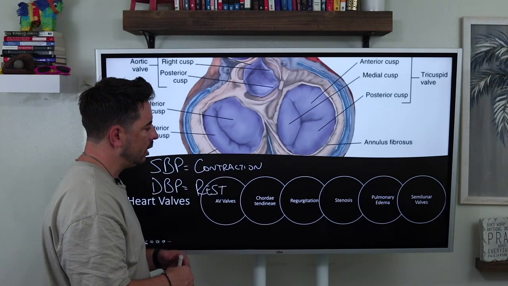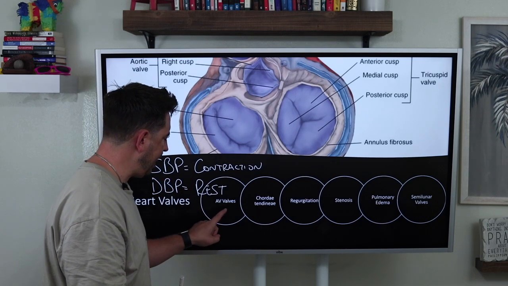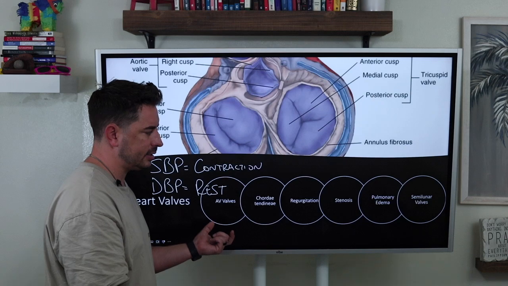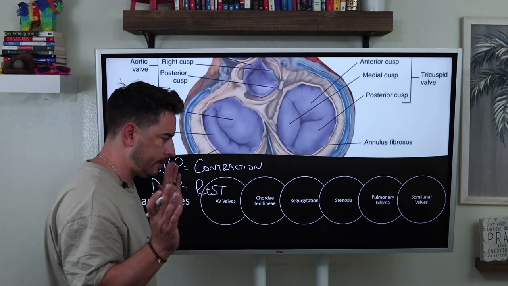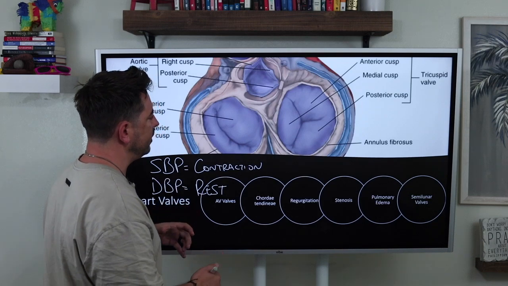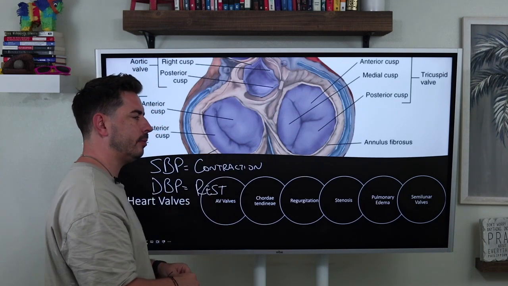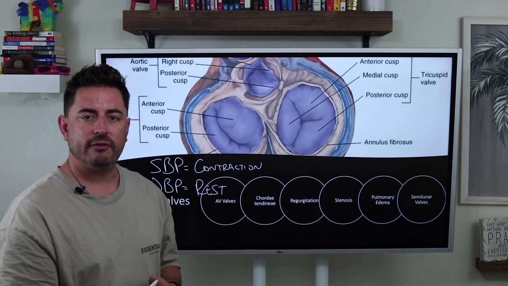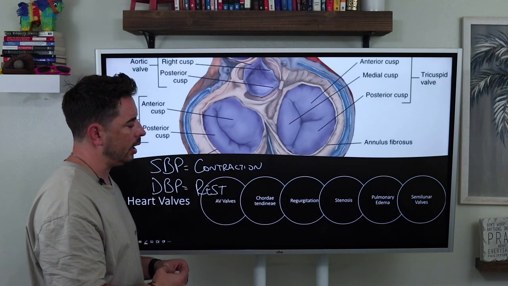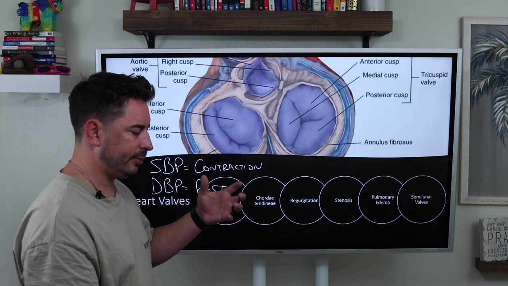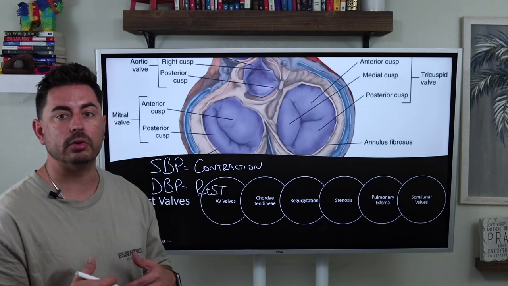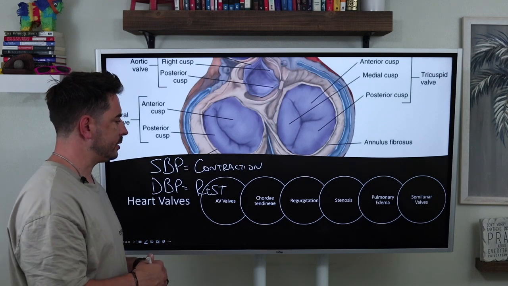During rest, or during diastole, the AV valves open up and allow blood flow from the atria into the ventricles. During contraction, the blood that's filled up the ventricles goes out either the pulmonic valve or the aortic valve into the pulmonary artery or the aorta to their respective places, and the semilunar valves help prevent blood from getting back into the ventricles during that rest.